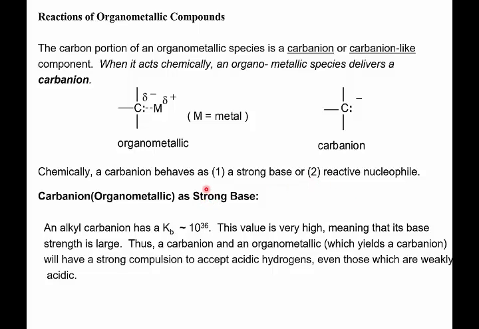Let's first look at the carbanion as a base. Well, carbanions are very strong bases. In fact, they're nature's strongest known bases. An alkyl carbanion has a Kb of about 10 to the 36. That's a huge number, meaning that the base is very, very strong.